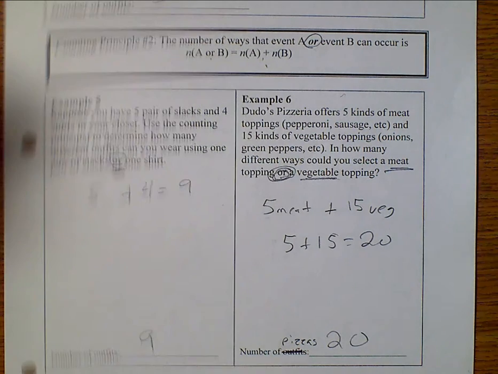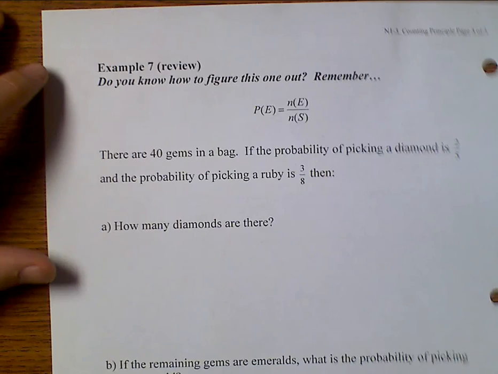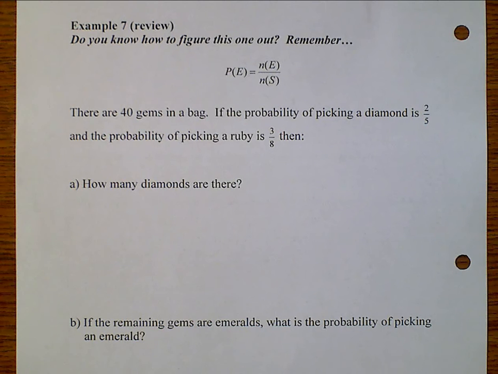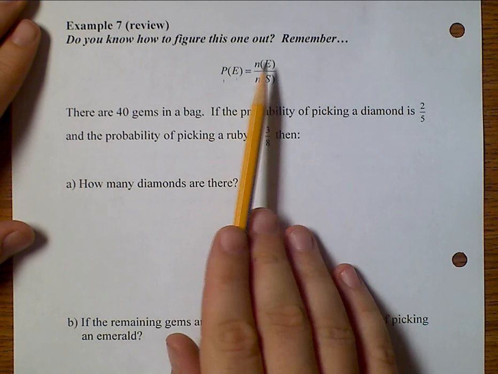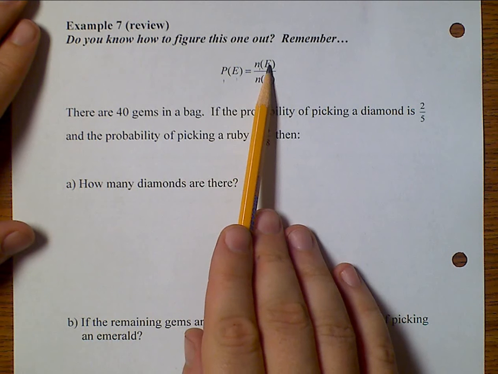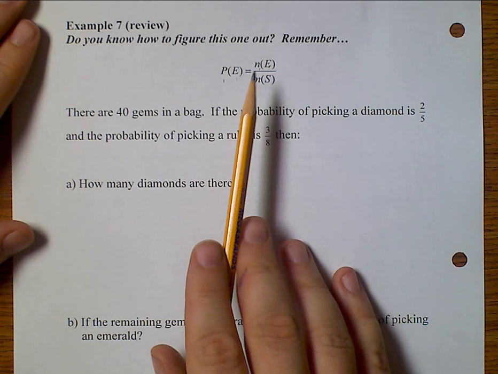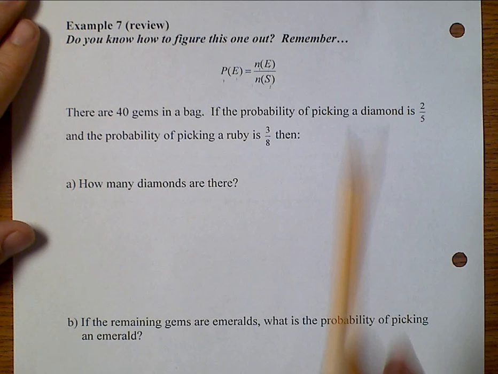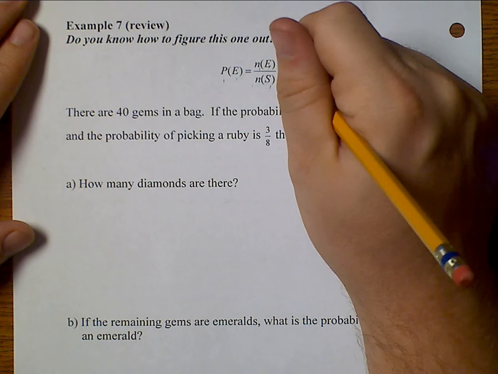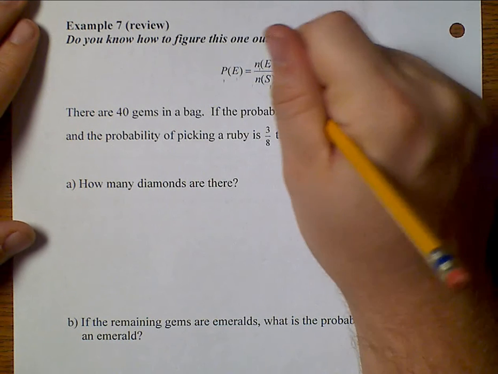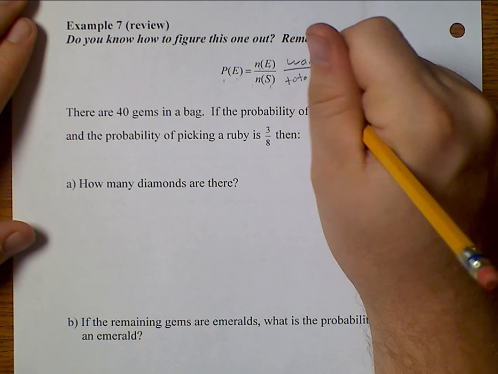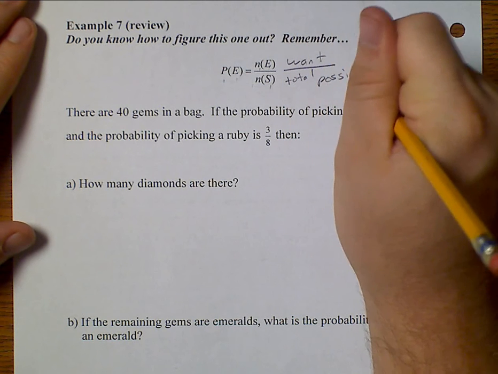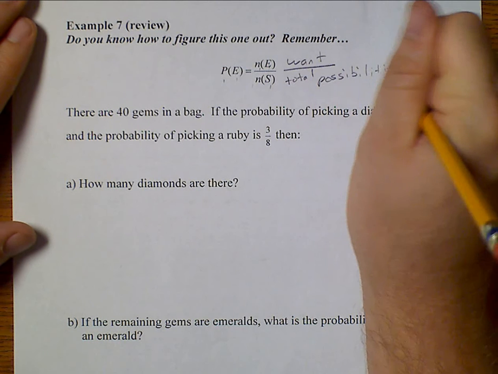Let's go ahead. We've got one more page. This is just reviewing content from earlier. Remember, the probable event is the number of events that we have over the number of the sample space. So what we want over the total possibilities.